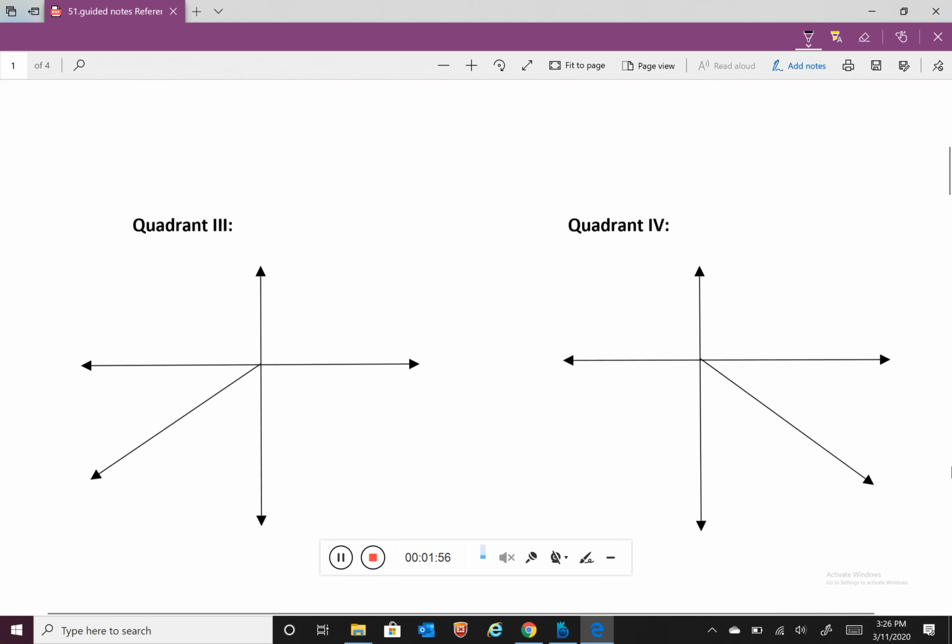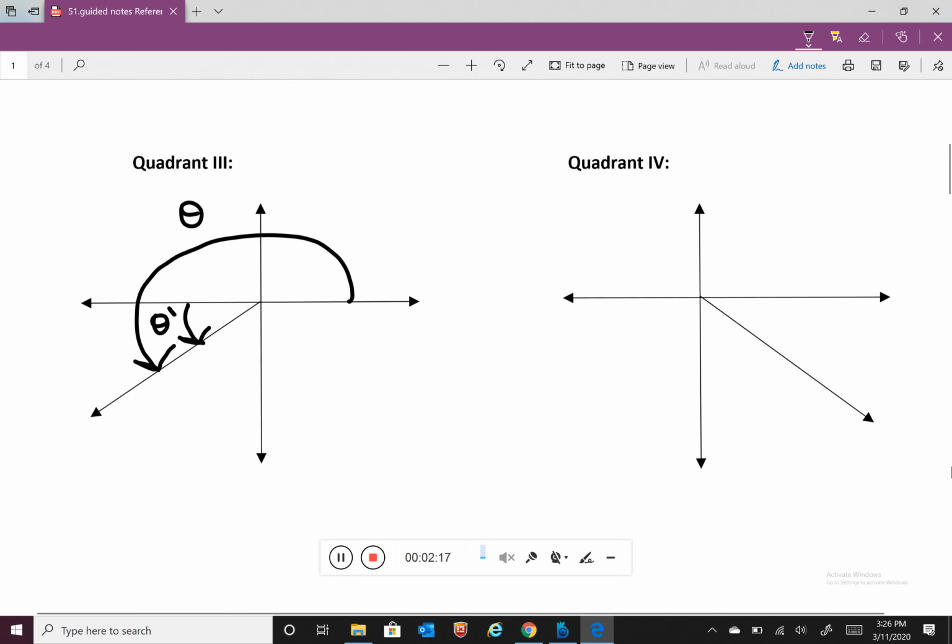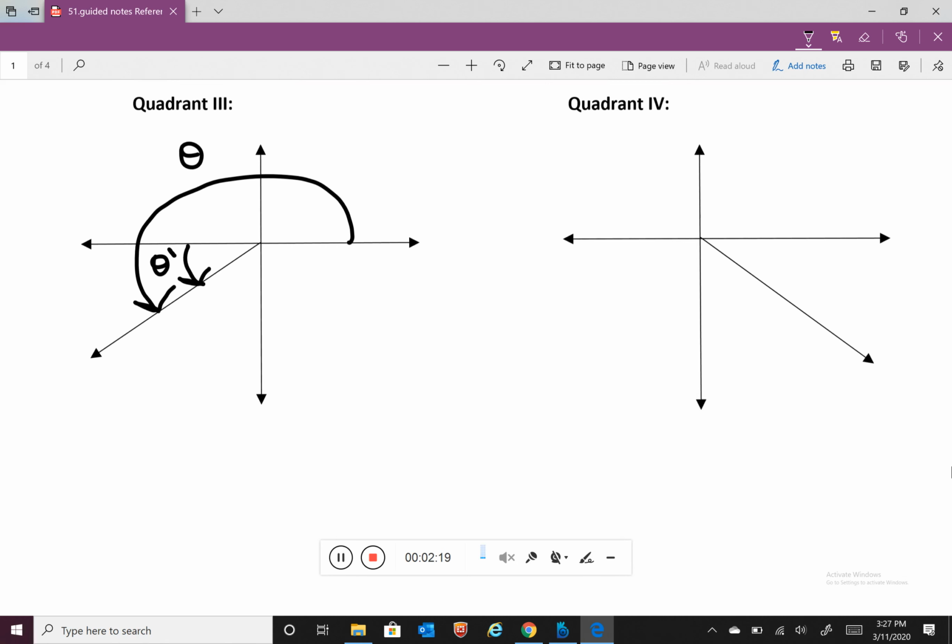For quadrant 3, our angle starting from our initial side and ending at our terminal side is past 180 degrees. And so this portion of our angle is the angle we will be referring to. It is our reference angle, and because it is past 180 degrees, but we want to make sure our reference angle is acute, we will be finding the difference.